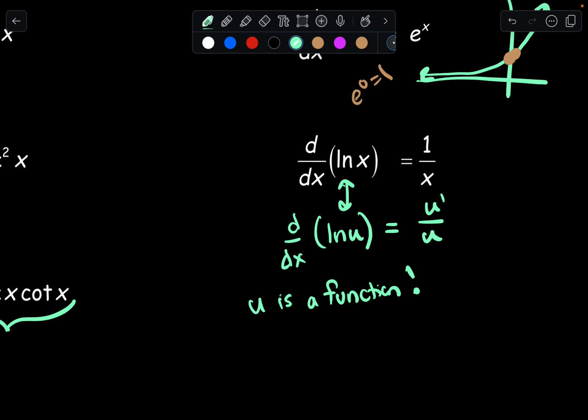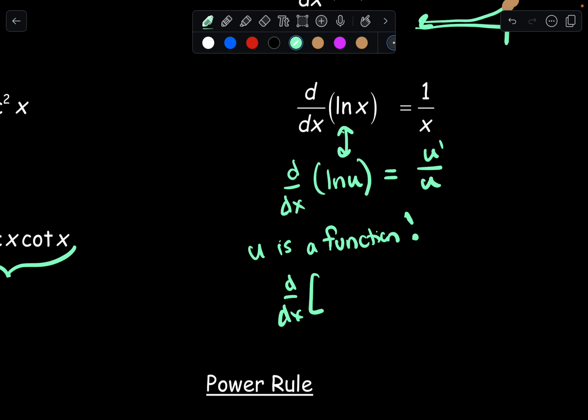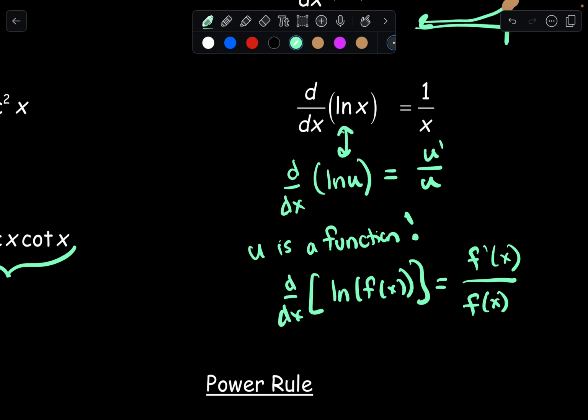So if u is a function, let's rewrite it another way so that we can see. Let's say that u is f of x. So we're going to take the derivative with respect to x for natural log of f of x. Now, this means we will have f of x in the denominator, and we will have f prime of x in the numerator.